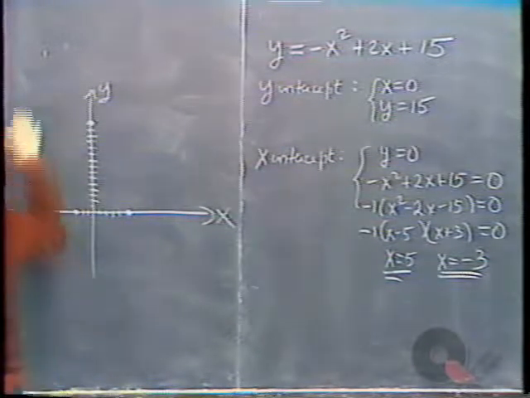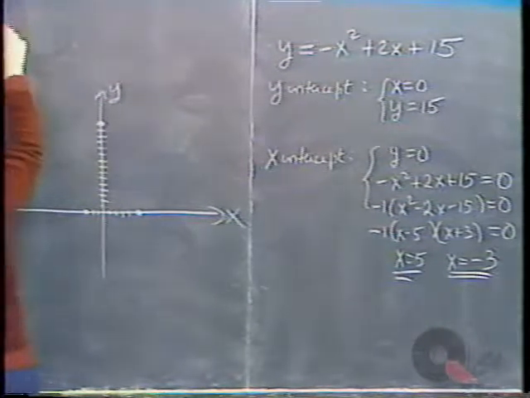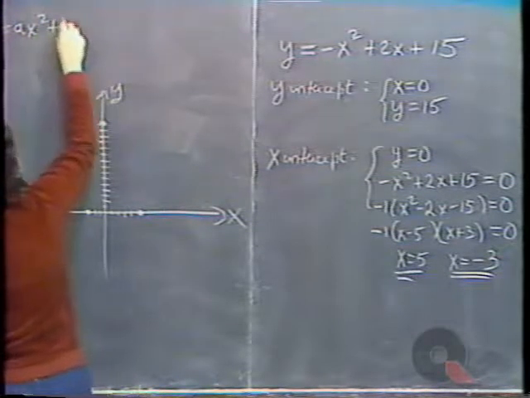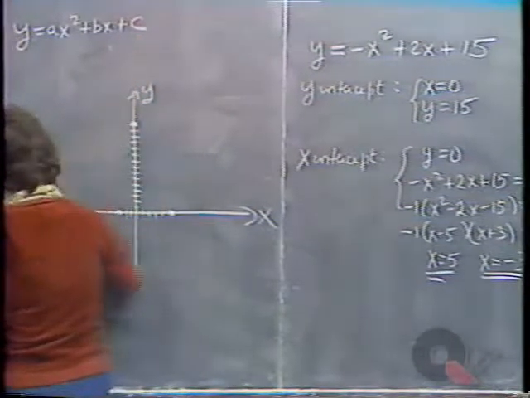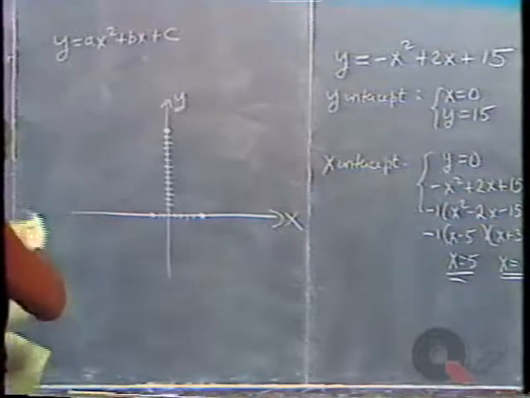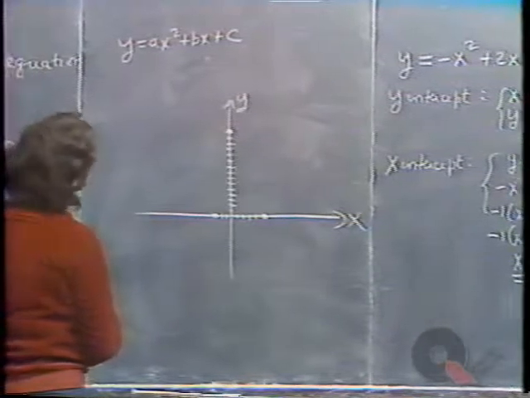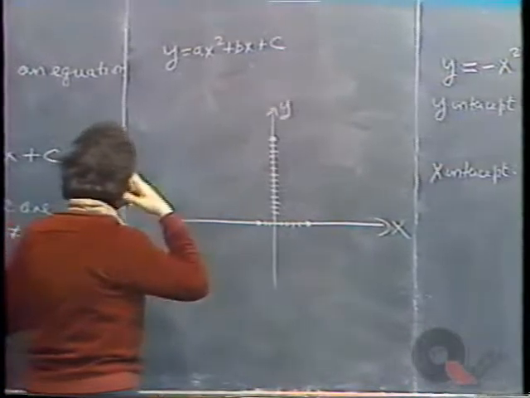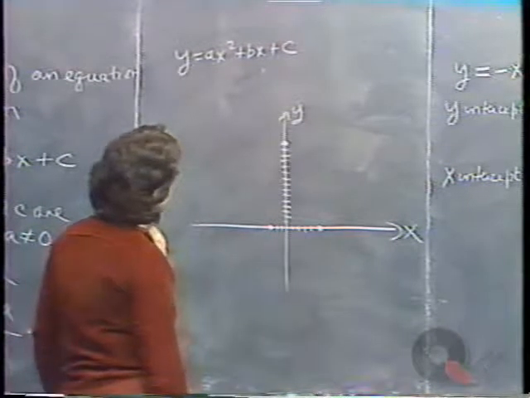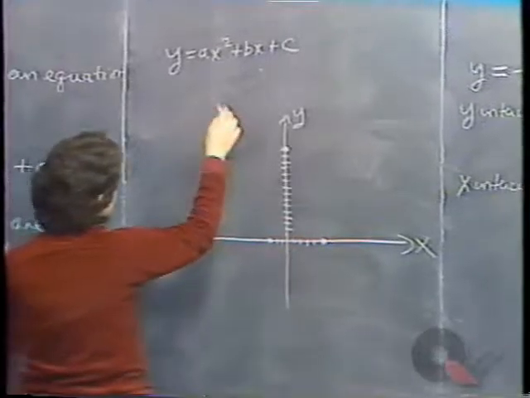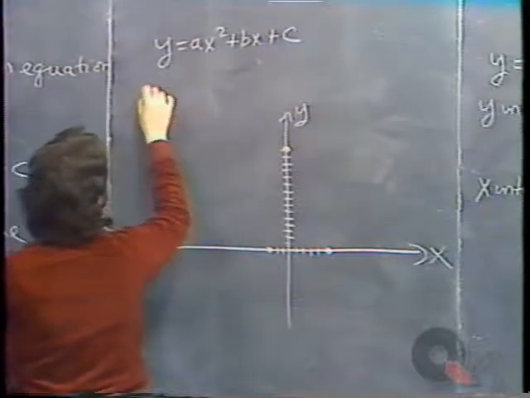If a parabola is of the form y equals ax squared plus bx plus c, then by using the idea of completing the square, it is possible to show that the x-coordinate of the turning point, the x-coordinate of the vertex, is given by the following formula.